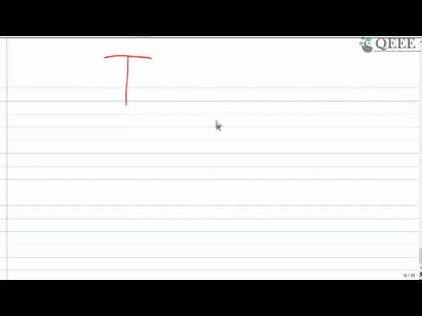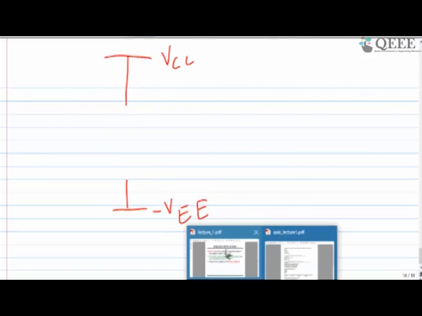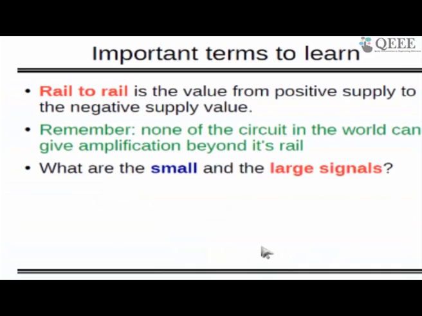It looks like an antenna, but we are referring to it as one supply. If it is VCC or VEE, positive supply or negative supply, one is the positive rail, one is the negative. This is a simple thing, but some people have a problem.